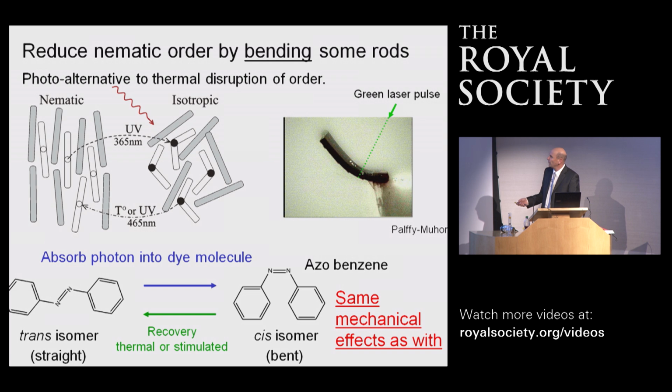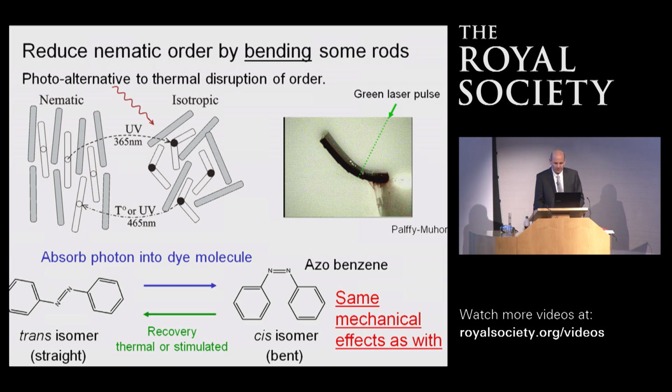And here's a picture of these little cores here, and these are azo dyes, the classical dyes, and when they absorb a photon, then they go to a bent state, and this bend, if it's in the middle of a rod, will cause considerable disruption. And then if we go into the dark and just wait, then it will go back. We use light of a different color, and it will go back to its original state.